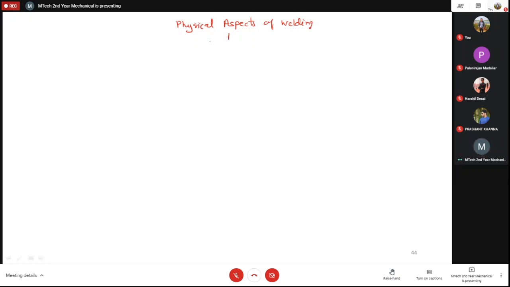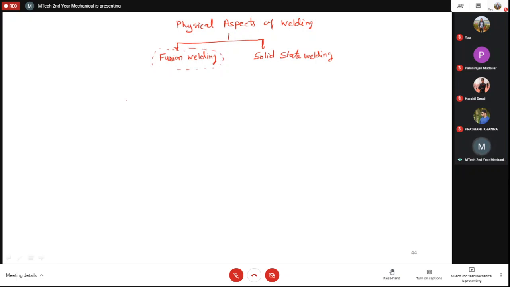We have fusion welding, and we have solid state welding. So we'll not go into the modeling process of solid state welding. We'll try to have a look at the welding of the fusion.